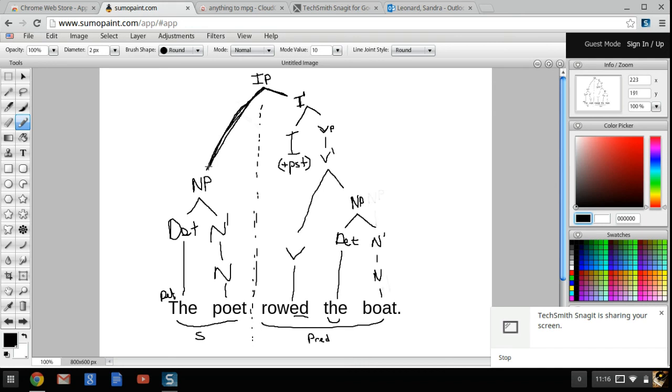I'm not going to ask you to have a ruler in class or anything like that, so not so picky, but do try to have this sort of V formation. It tends to be easier so that you don't throw yourself off track and have three branches. You're only ever going to have in these sentences two branches. In a V bar graph, you're only going to have those two branches. So there you go. You've got the poet rowed the boat.